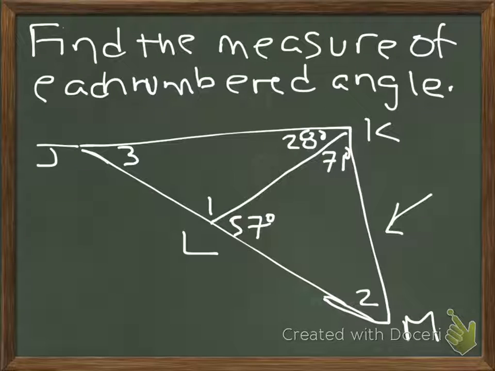Now, if we go to the first triangle, JKL, 2 out of the 3 angles are not given. But if you look at angle 1 and how it's written, this is actually a linear pair because we have a straight angle, which equals 180, with segment JM. If we subtract 180 minus 57, the other side of the linear pair, we get angle 1.